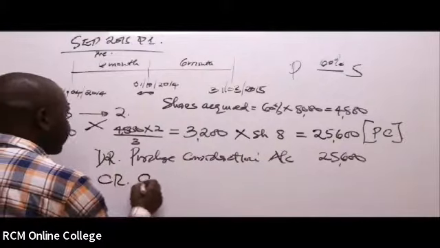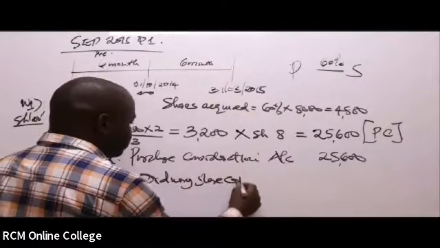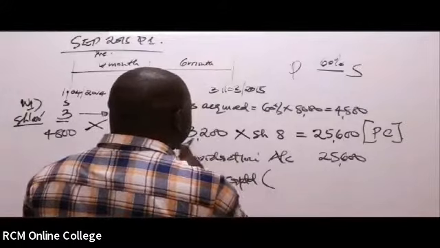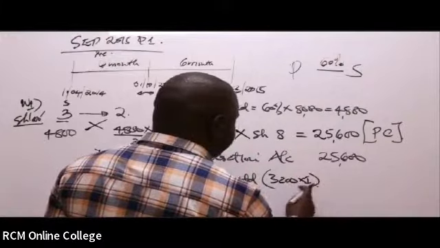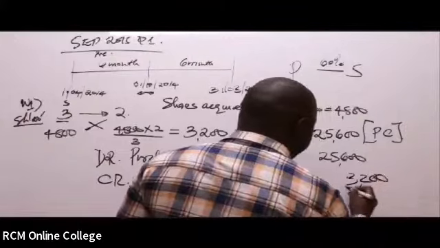So the account to credit will be the ordinary share capital. We take the number of shares acquired, which was 3.2 million, and multiply by the 1 shilling par value. So in the ordinary share capital, they get 3.2 million.